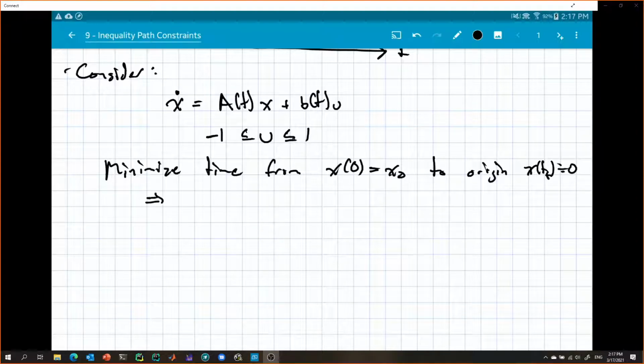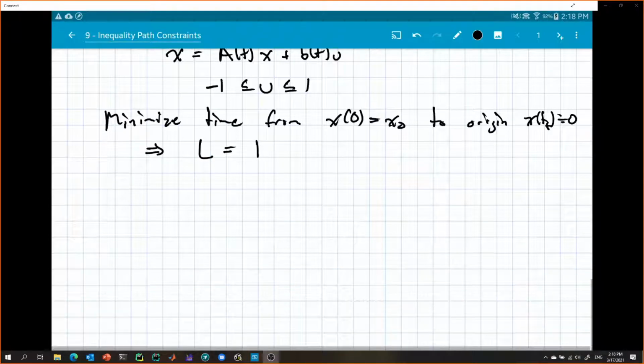So we get a path cost of 1, because if you integrate 1 across the entire time domain and you want to minimize that, that's how we do it. I've shown this minimum time path cost before.